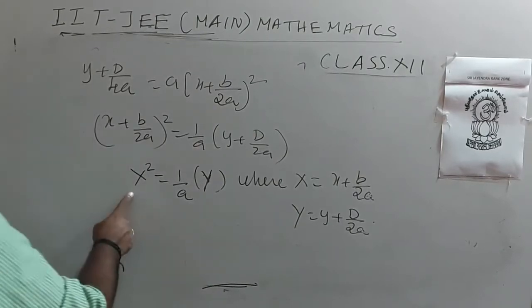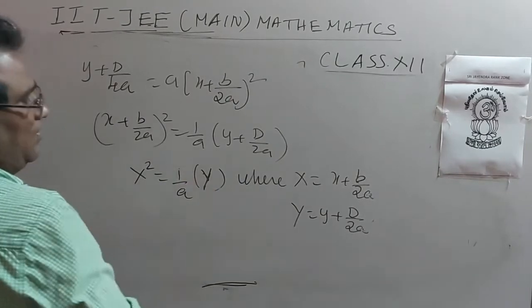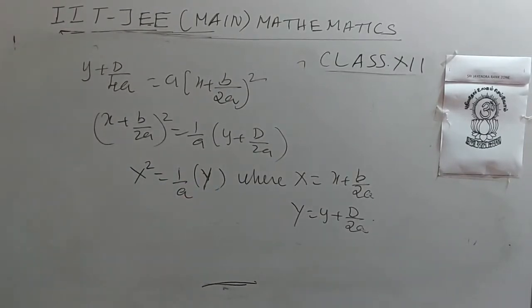So this is the X squared equal to 4a into Y form. This is the parabolic form.